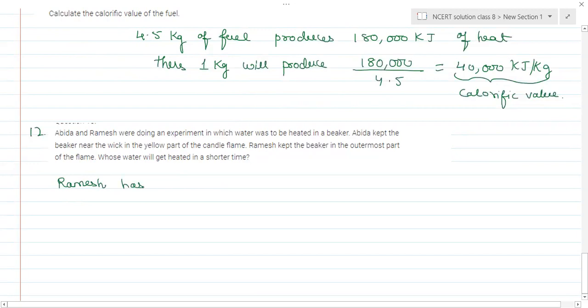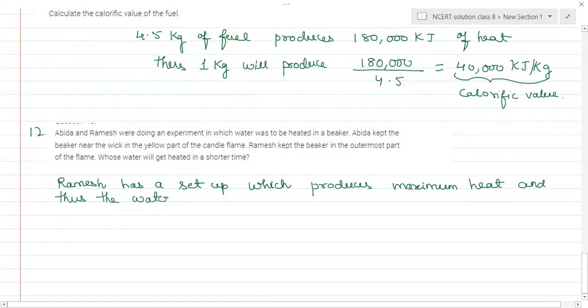Ramesh has a setup which produces maximum heat and thus the water will get heated soon.